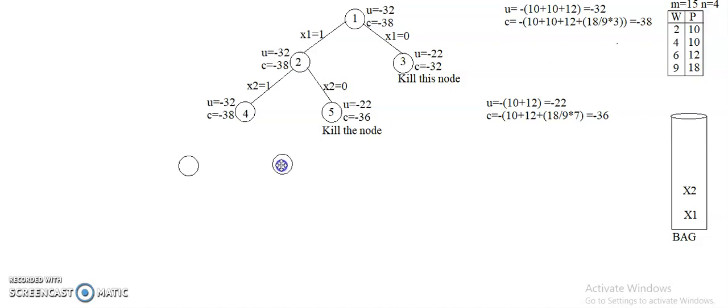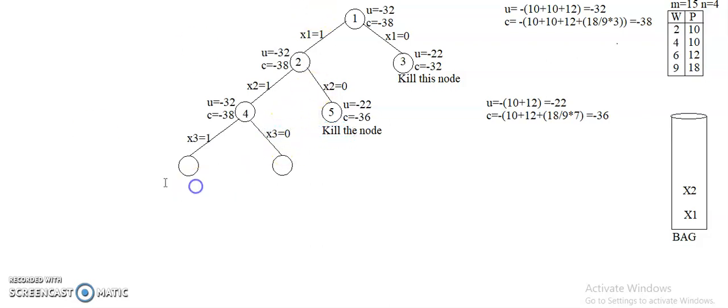So x3, can I have x3 equal to 1? Can I include the third object in my knapsack or not? Or x3 is equal to 0. Let me check it.